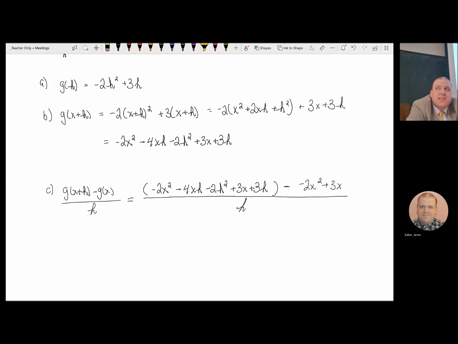They are two completely different terms. Without the parentheses, that minus is only being applied to the first term, the negative 2x squared. That is not what the difference quotient says. It is minus all of g of x. So you either need to put parentheses around it or distribute the negative through in your head if you don't want to write parentheses.